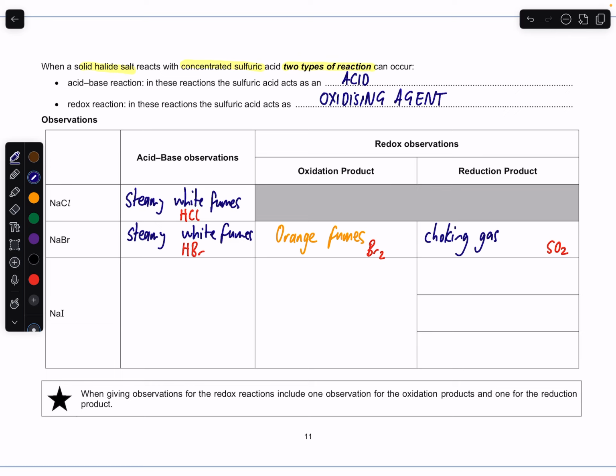The sulfuric acid would be reduced, so we're going to have a product that is sulfur dioxide, but our observation for that would be the choking gas. So we've got a redox reaction, and the star box below is saying when you get asked for an observation, make sure that you give an oxidation observation and a reduction observation.